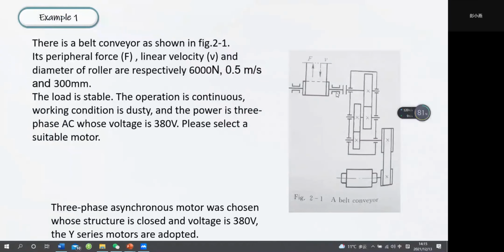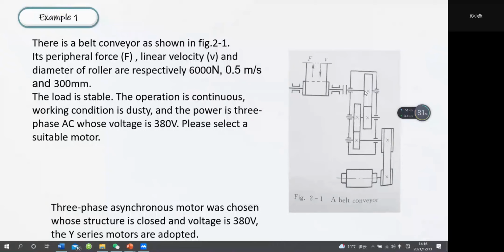there is a belt conveyor as shown in this figure. This is the motor, and this is the working part. This is a roller, and this is a belt drive, and this is the reducer.